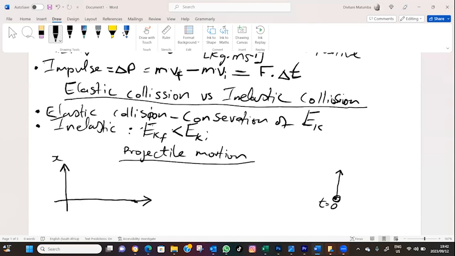However, the displacement will be 0 because that's where the ball starts to move.